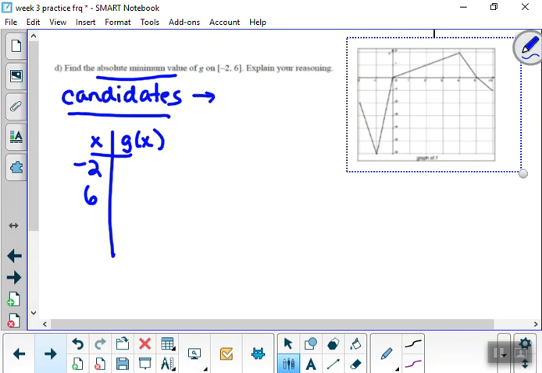Candidates for absolute maxes and mins are places where your derivative is equal to 0. Remember, G prime is equal to f, and f equals 0 at 0 and 5.